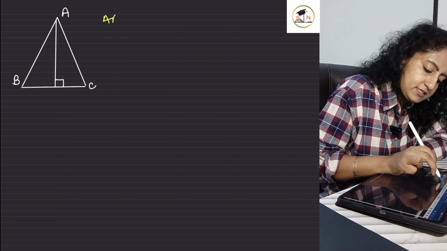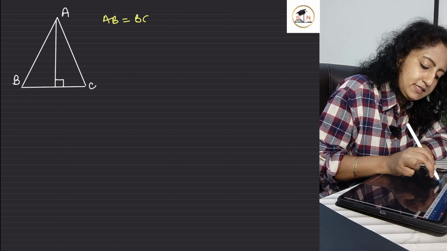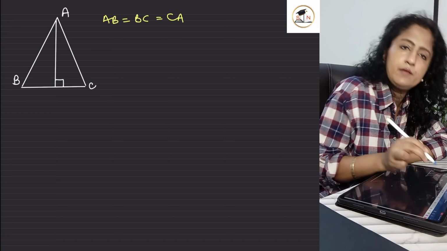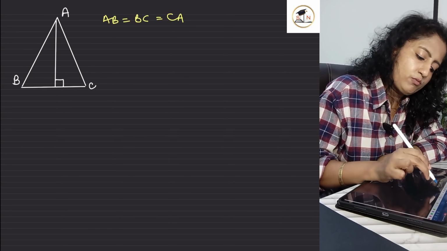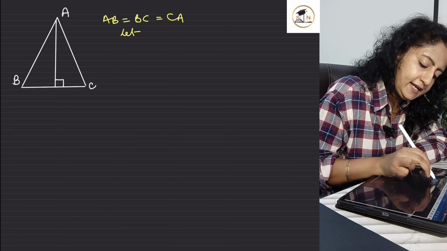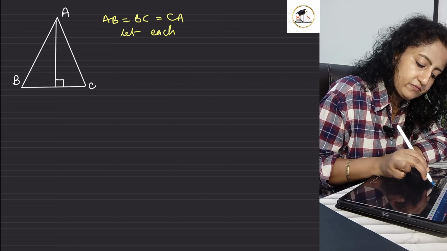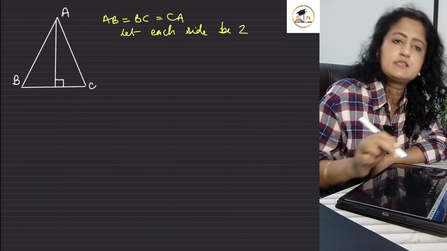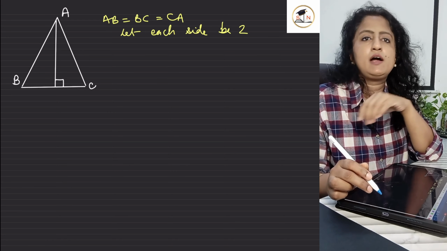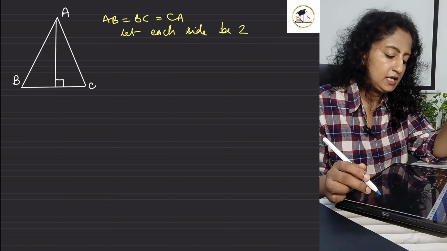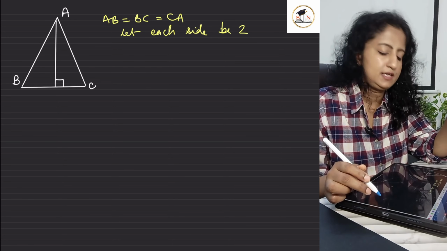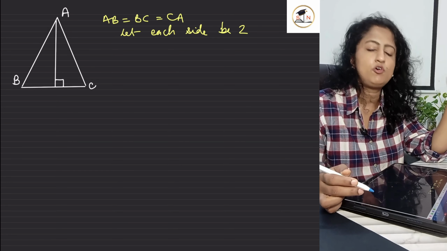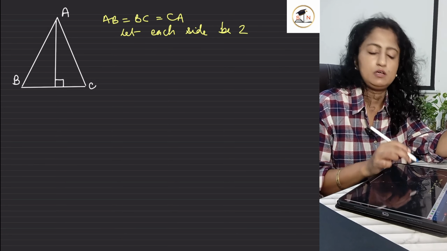Means what we have is AB equals BC equals CA, right? Now, what we will do over here is let each side be 2 units. Okay. I could have taken 1 also, but taking 2 is actually easy. As you can see, we already have a perpendicular, right?